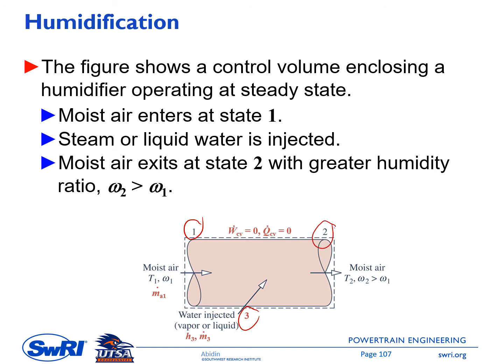So omega 2 is greater than omega 1. Depending on whether we inject steam or liquid water, T2 can be lower or higher than T1. For the energy analysis, we assume that there is no work and the process is adiabatic.